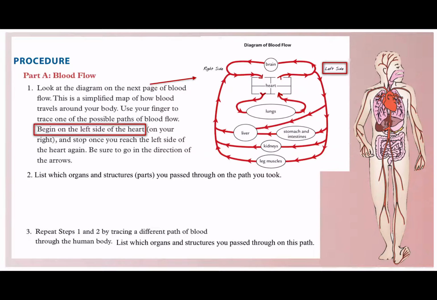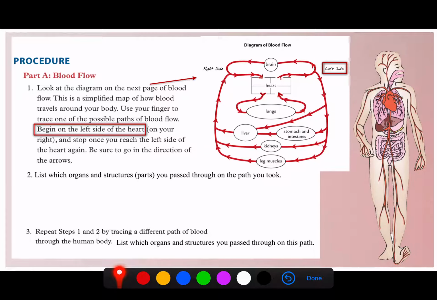So your activity today, we're only doing part A, is called blood flow. You're going to look at the diagram on the next page, which I've put a sample of right here next to it. This is a simplified map of how blood travels around your body.